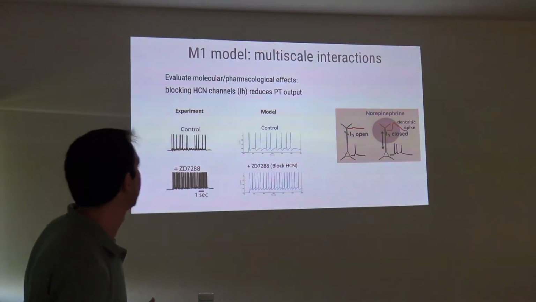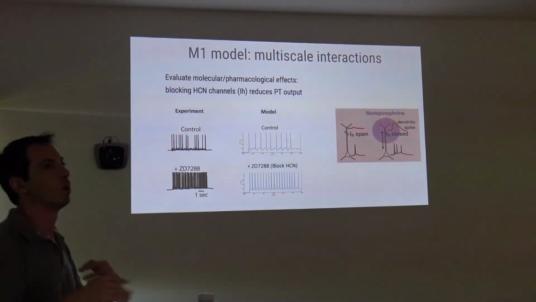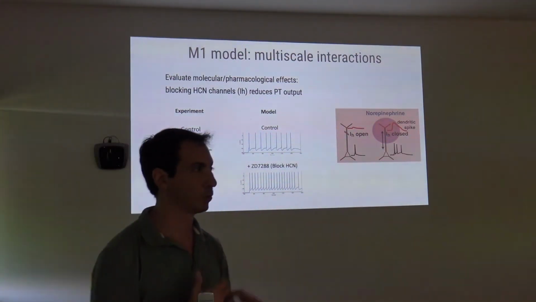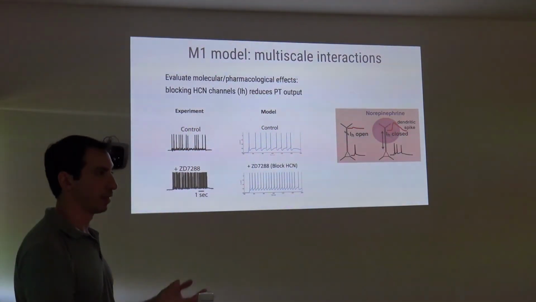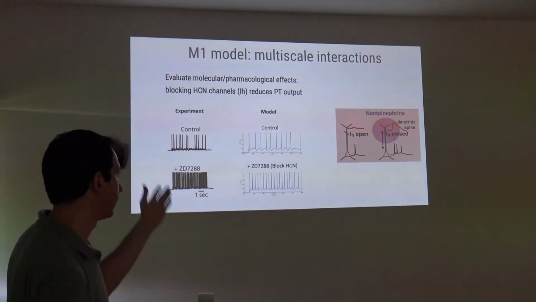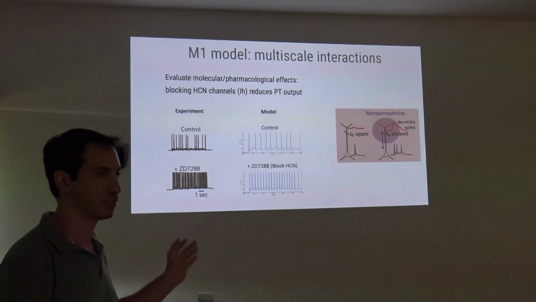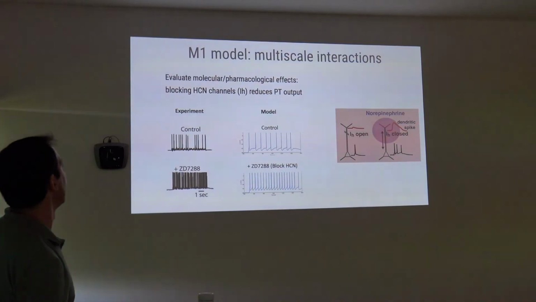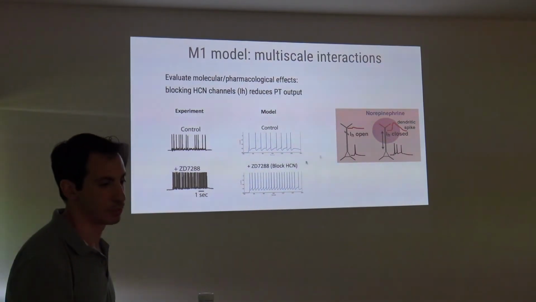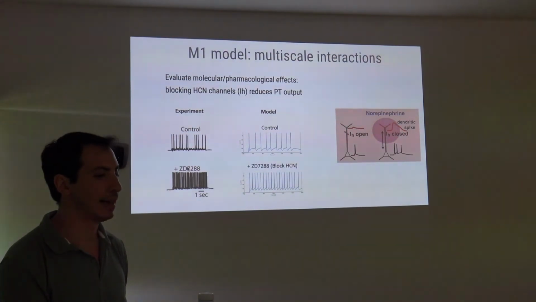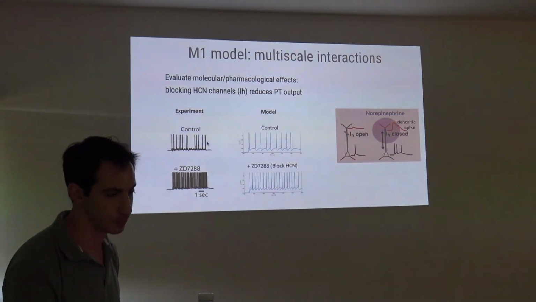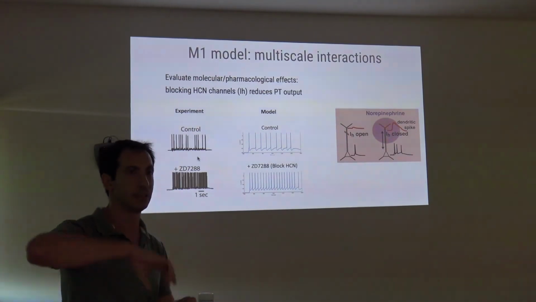And finally, we can evaluate molecular or pharmacological effects. Because we have such a detailed model with all these ionic channels, we can try different things. In particular, we wanted to look at the effect of the HCN channel, IH. This shows that our cells reproduce what we see experimentally. If you have HCN blockers, the response of the PT cells increases.